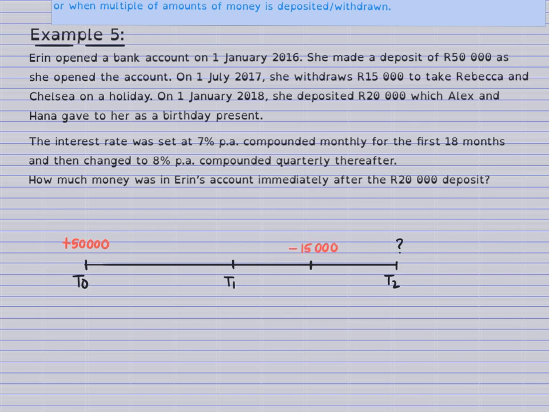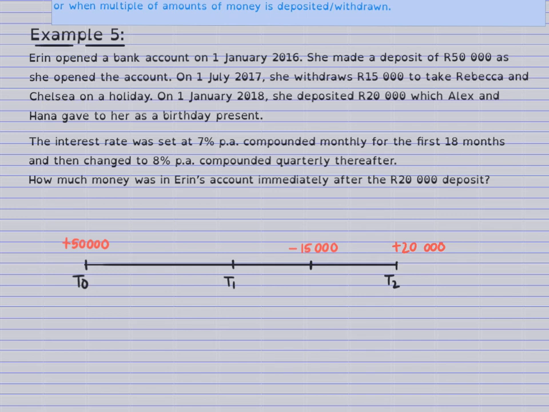She withdrew 15,000 Rand. And then because people just saw how awesome she was, at the end, they gave her 20,000 Rand to deposit back into her account. All right, so that timeline now at the moment is illustrating the deposits and withdrawals.